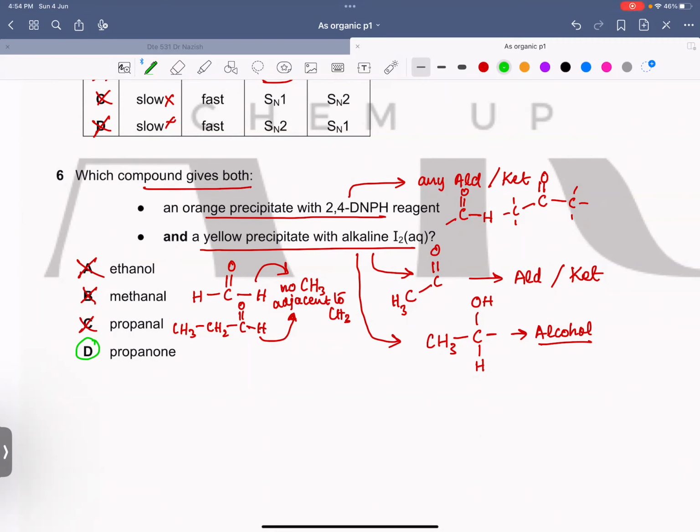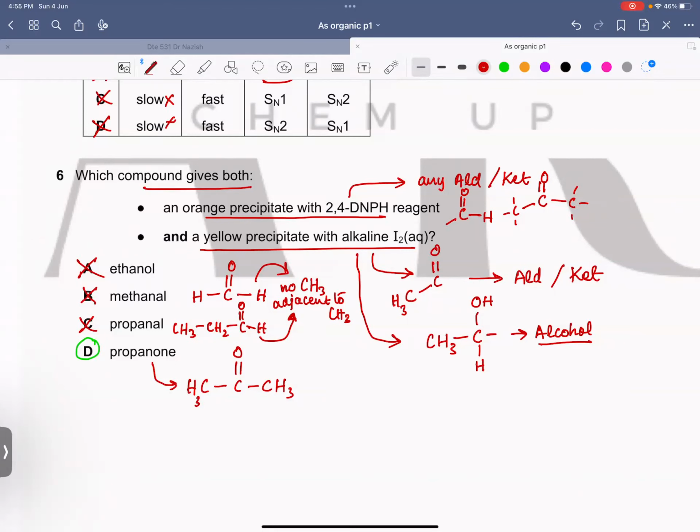Is this understandable to everyone? If I draw D over here, so see, propanone. Prop means 3 carbons. There is a C double bond O because it is propanone. So both the carbons have CH3. So there is a C double bond O, and on its adjacent there is a CH3.